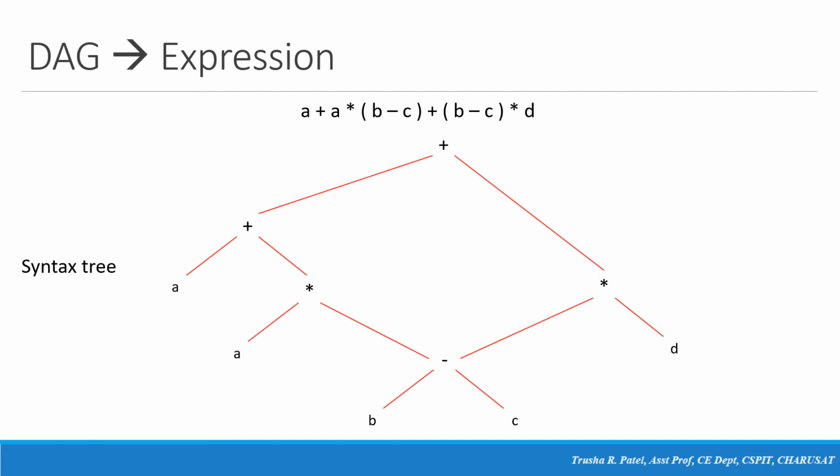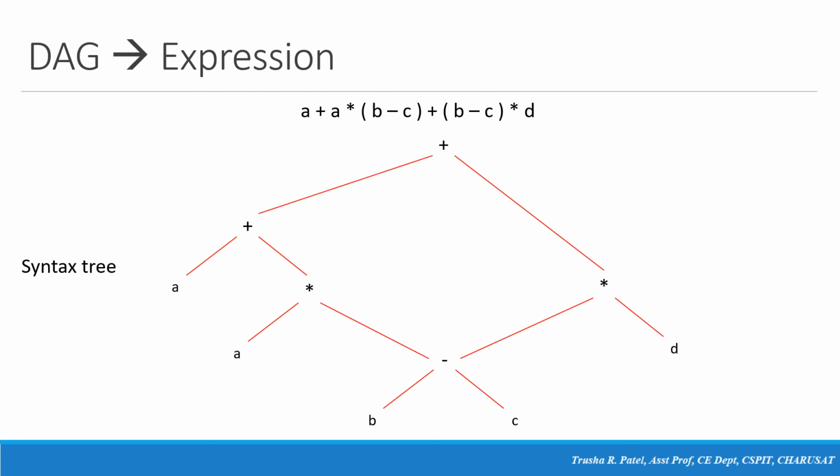So b minus c appears only one time and both the multiplication signs are pointing to it. For the left multiplication sign, this sub-expression is the right child, while for the right side multiplication sign, the same subtree is acting as the left child.